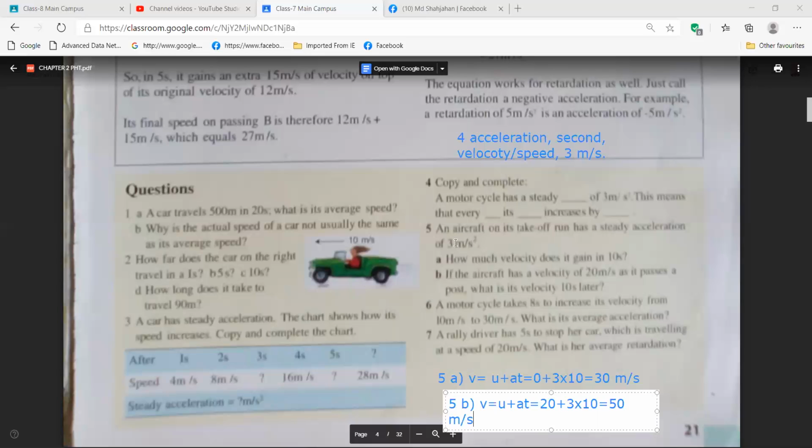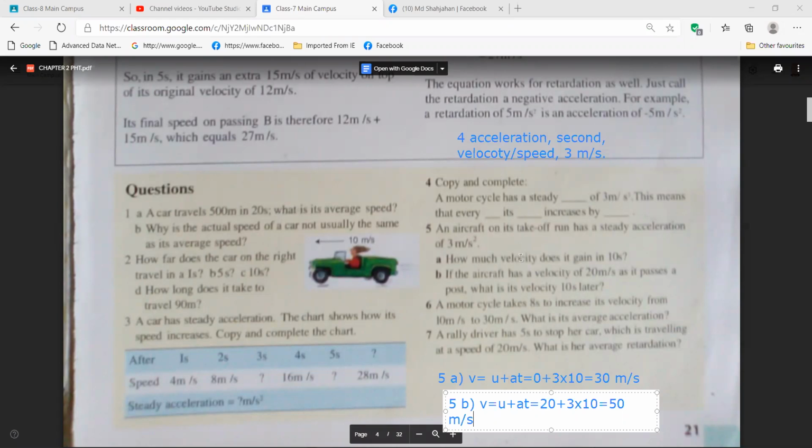Look, we are given here the acceleration a, 3 meter per second squared, right? And the aircraft is taking off. So if it is taking off, that means it was stationary before, right? If it is stationary, then its initial velocity is 0.